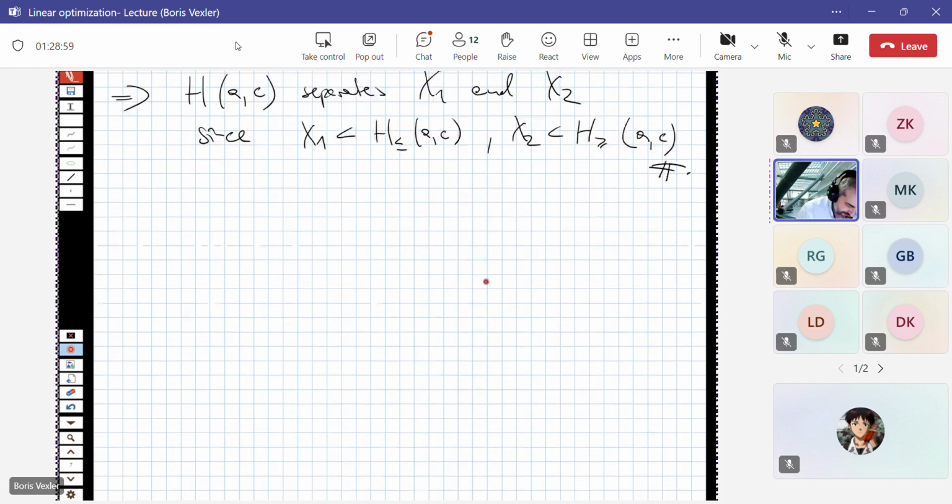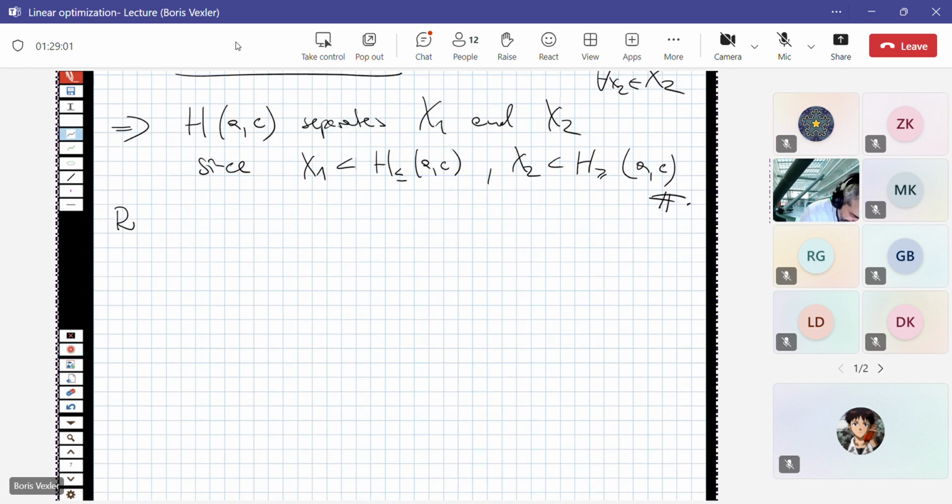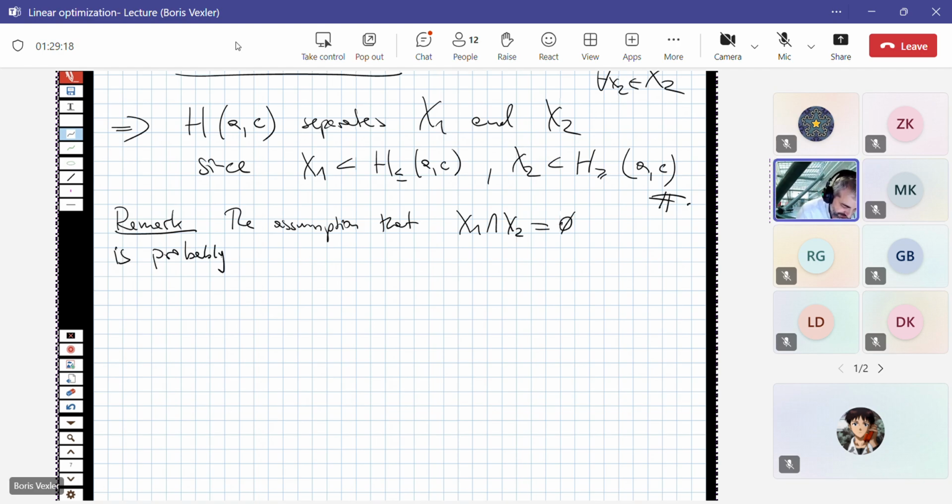Remark: the assumption that x1 intersected x2 is empty is probably too strong for separation. What do I mean?